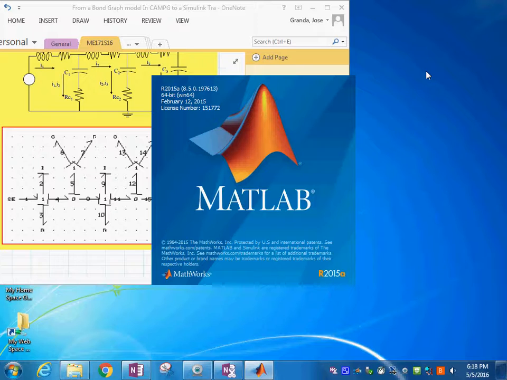Hopefully it won't take too long, because sometimes running on a network is slow to get going, but let's hope it's not so busy. So we get MATLAB.